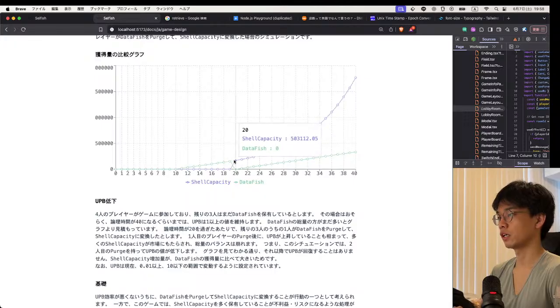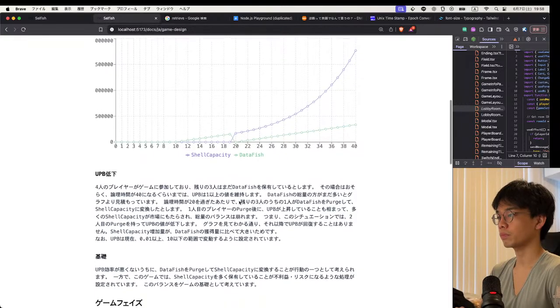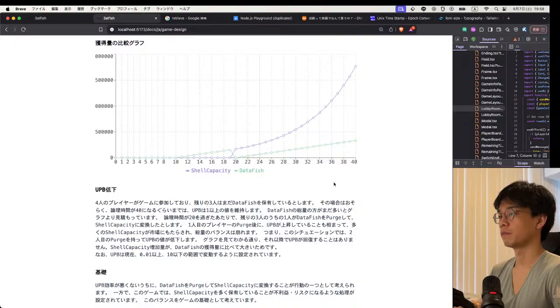Let's assume their data fish is going up like this, because they still have data fish. They never change it to shell capacity. In that case, UPB is going up.